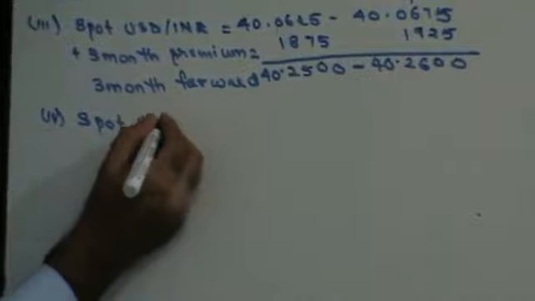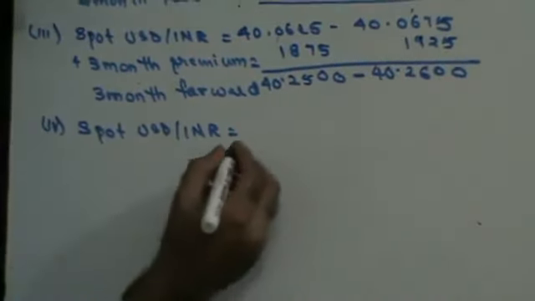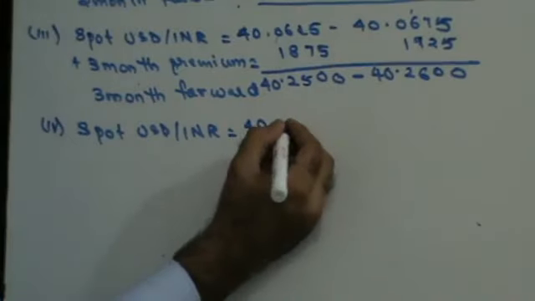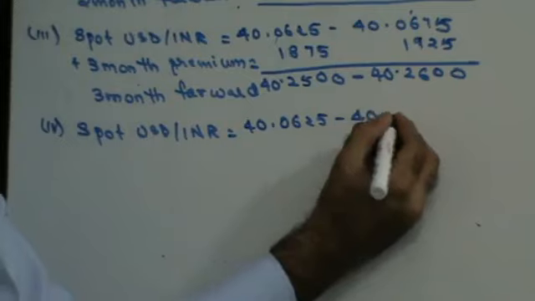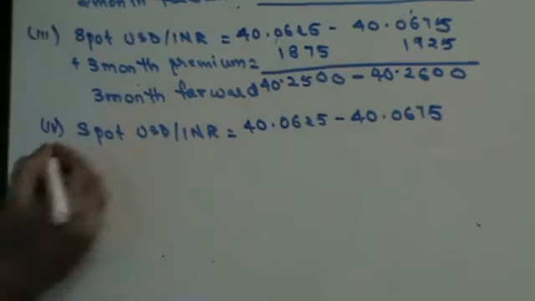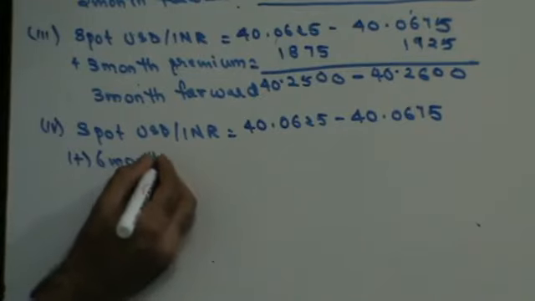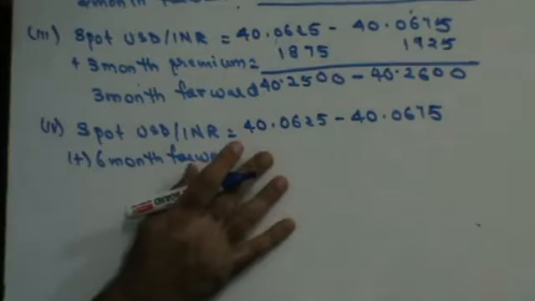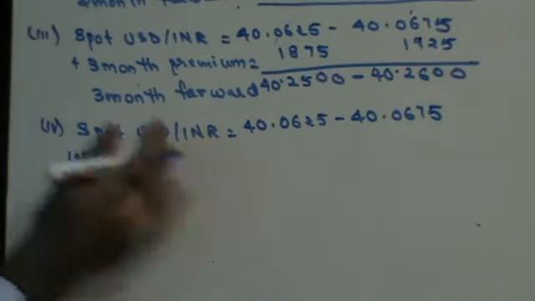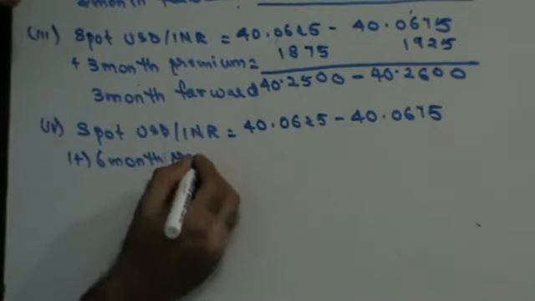6 months forward: spot USD INR is 40.0625, 40.0675 plus 6 months premium. Why is it premium? Because again here the swap points are in ascending order.